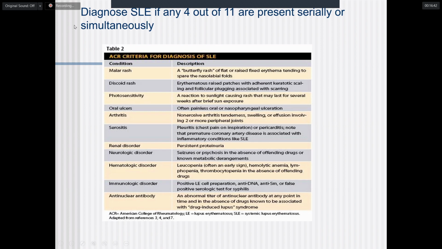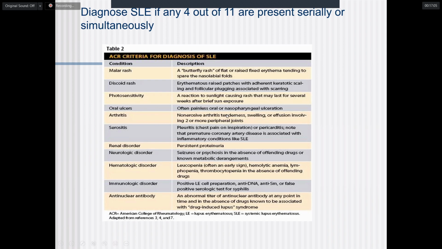This is the criteria for lupus. You need to have 4 out of 11 in order to diagnose your patient with lupus. Malar rash, discoid rash, photosensitivity, we talked about them, oral ulcers, we talked about them, they are not painful.